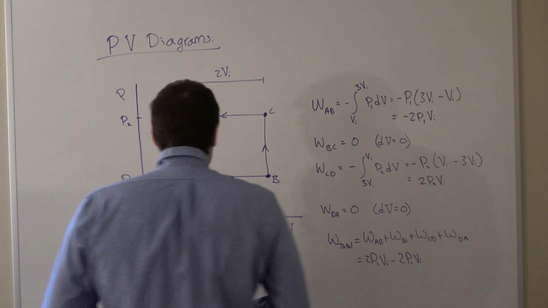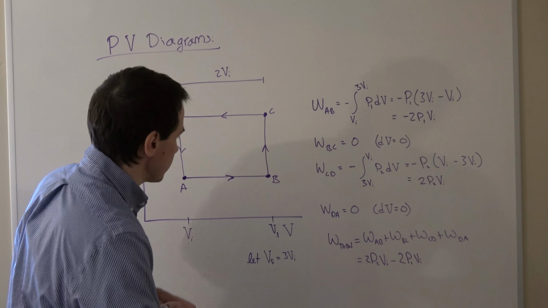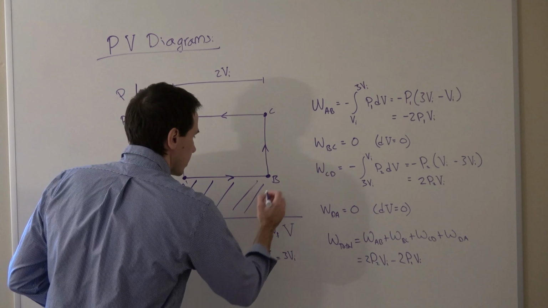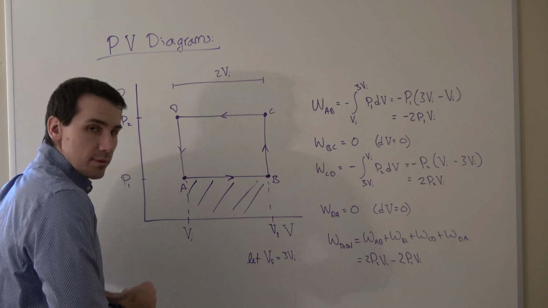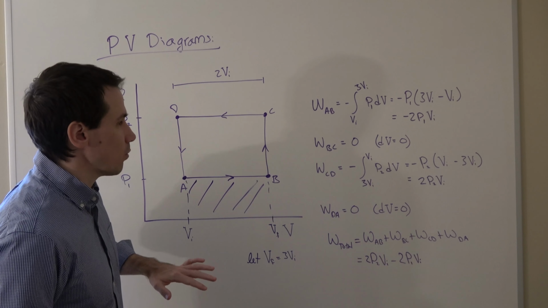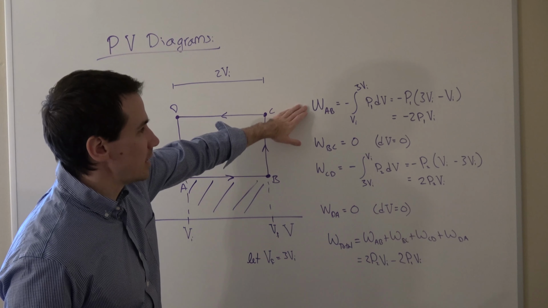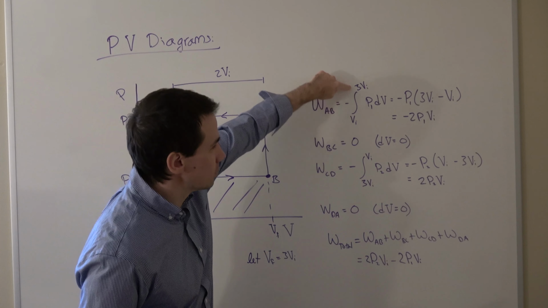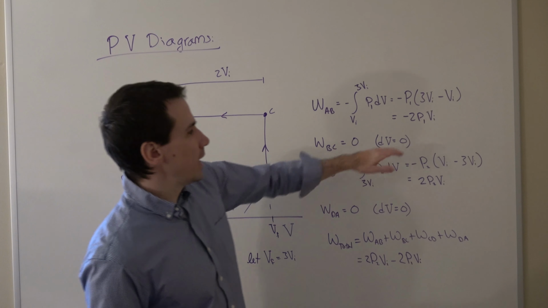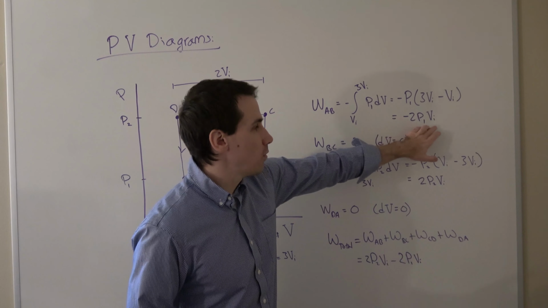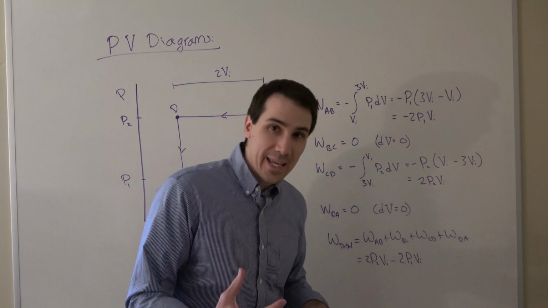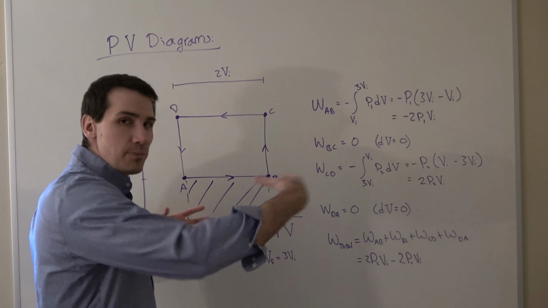Now, we can calculate the work done in this process as the area underneath the line. So from A to B, this area here represents the work, and we can find that by taking this integral. We integrate from V initial to V final, which is 3 times our initial volume, and we end up at 2P1 times V initial, and that work is negative because we are expanding the gas.